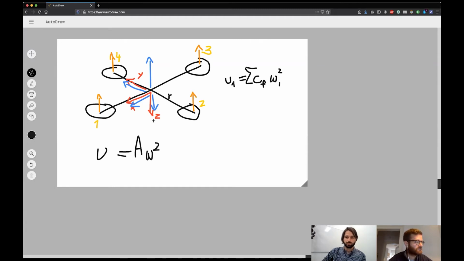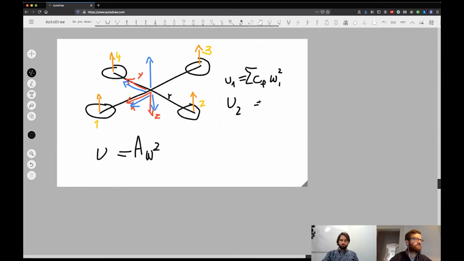Then for u2, and I'm only going to go through that one now because the rest is done in the same way. We want to find out how the angular acceleration around the x-axis is a function of the rotor speeds. Now we see that u2, the angular acceleration around x, only depends on omega 2 and omega 4, because only these two contribute to the moment, or the torque, around the x-axis.